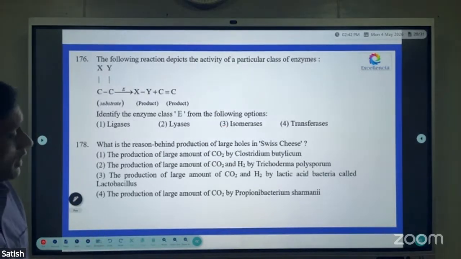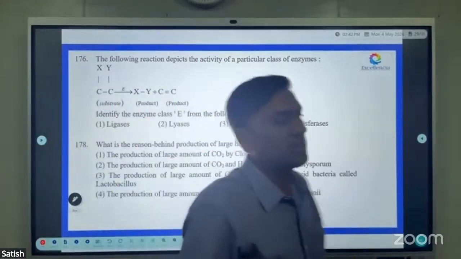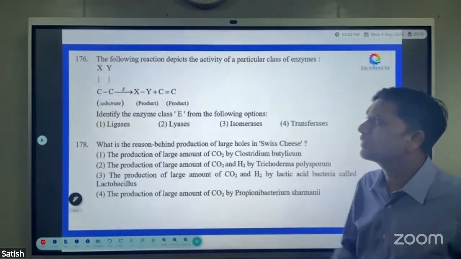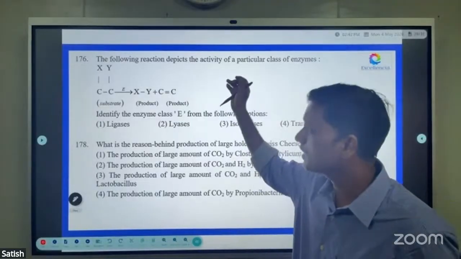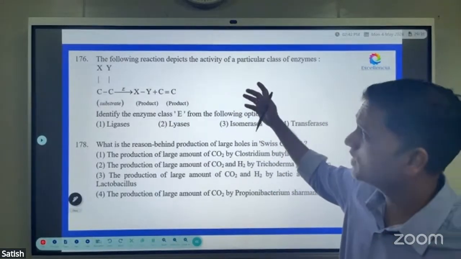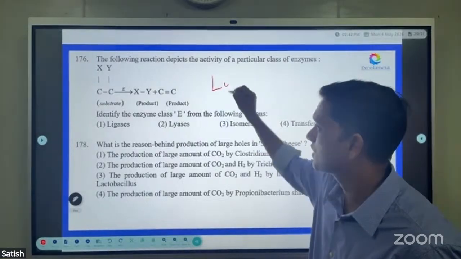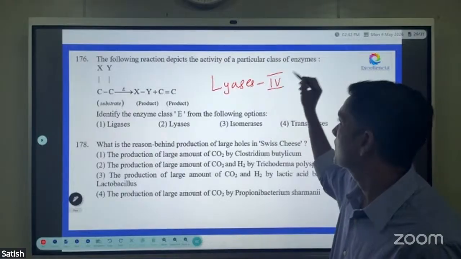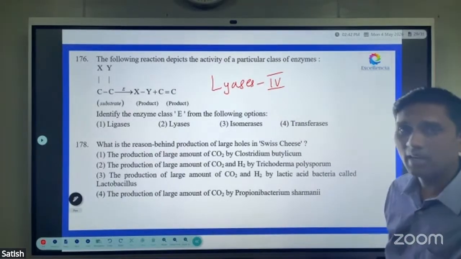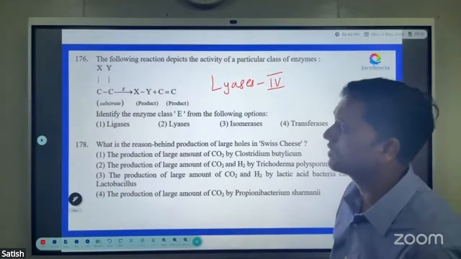Next question. So this question is related to the classification of enzyme classes. Enzymes, they are mainly classified into six: oxidoreductases, transferases, hydrolases, and lyases, fourth class of enzyme. Class 4, lyases, right? Class 5, isomerases, class 6, ligases.